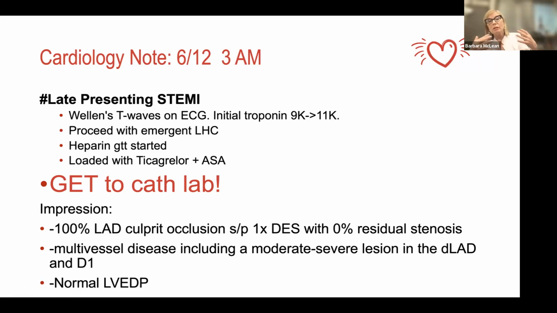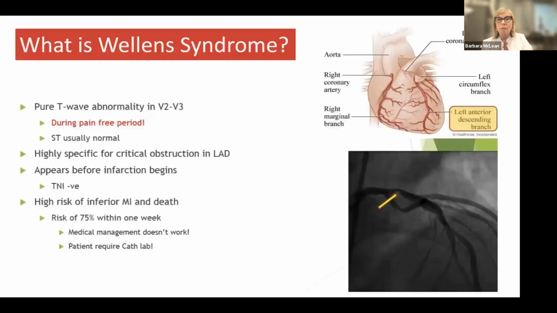He also had pretty significant disease in other vessels, the distal LAD and his diagonal, D1, but he had nice normal left ventricular function. Thank goodness we identified him, we intervened, we gave him a therapeutic intervention that protected him from losing his myocardium. How fantastic, and great job done by all.